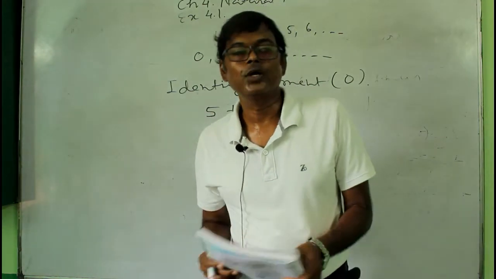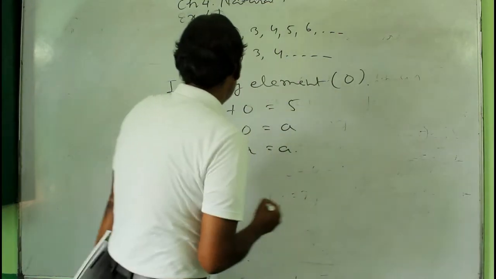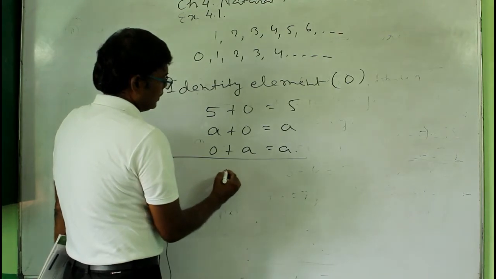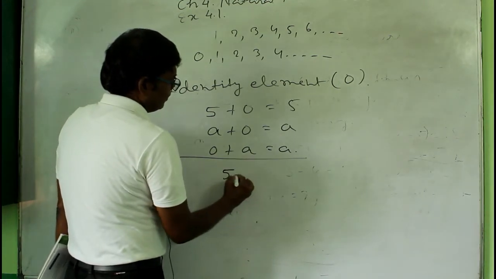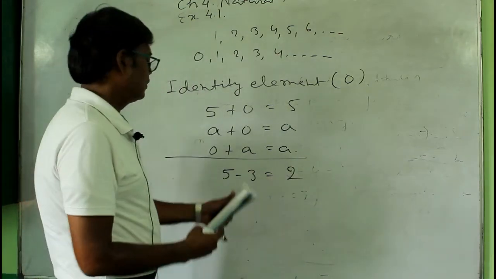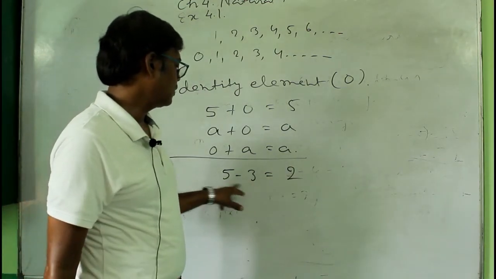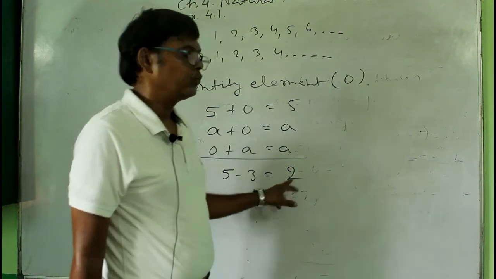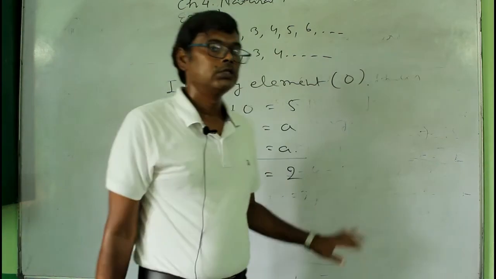They are not true for this. For example, in subtraction, 5 minus 3 is equal to 2. This is true here, because 5 and 3 are whole numbers, and when you subtract 3 from 5, the answer is 2, which is also a whole number.